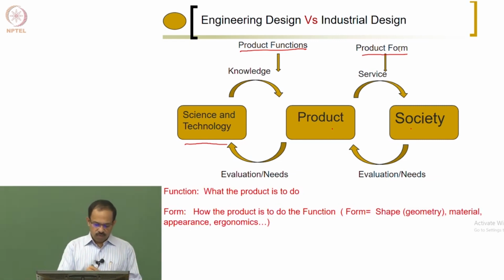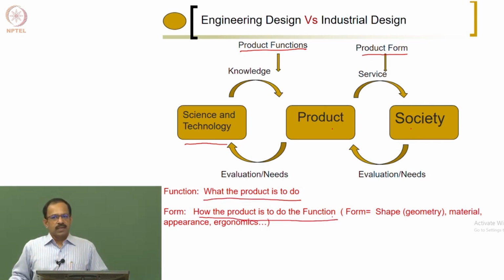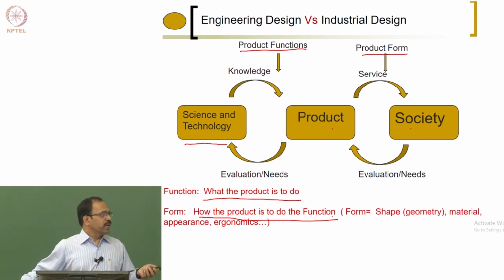The function is what the product is to do, and form is how the product is to do the function. So the technology helps you to develop these functions, and then somebody converts that into the requirements of the customer, or a proper shape, size, ergonomics, everything is designed and then gets into this society. So you have a function and form in the design process.